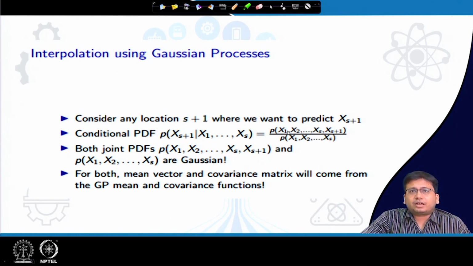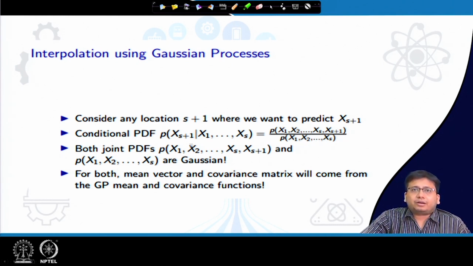Both the numerator and the denominator are joint distributions over random variables. The denominator is a joint distribution over s random variables, the numerator is over s plus 1 random variables. Because it follows a Gaussian process, any collection of random variables will jointly follow the Gaussian distribution, so the numerator will be Gaussian and the denominator will also be Gaussian.